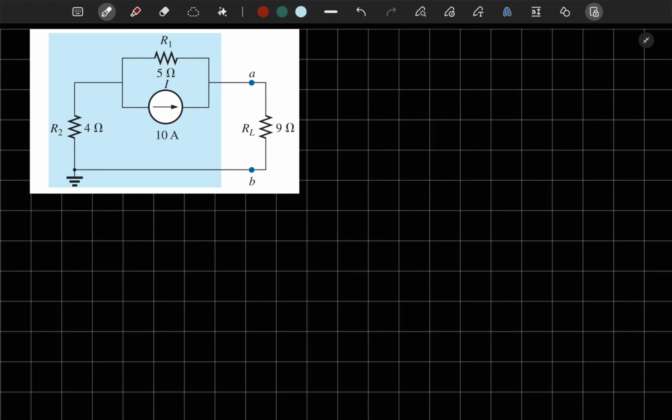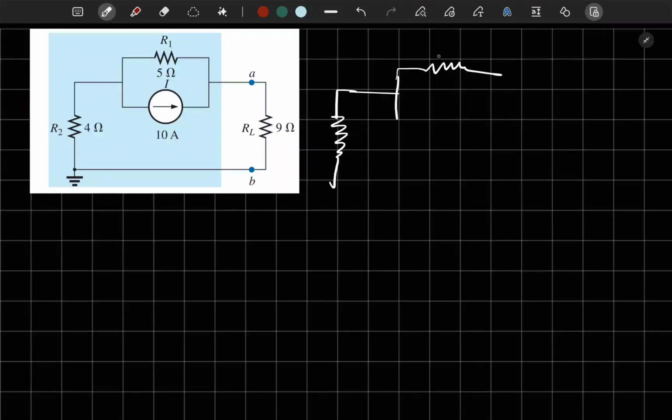Now let's solve another Norton's theorem circuit. So again, step 1 is remove all the sources. Now we have a current source here. That won't change much, except it will be an open circuit.